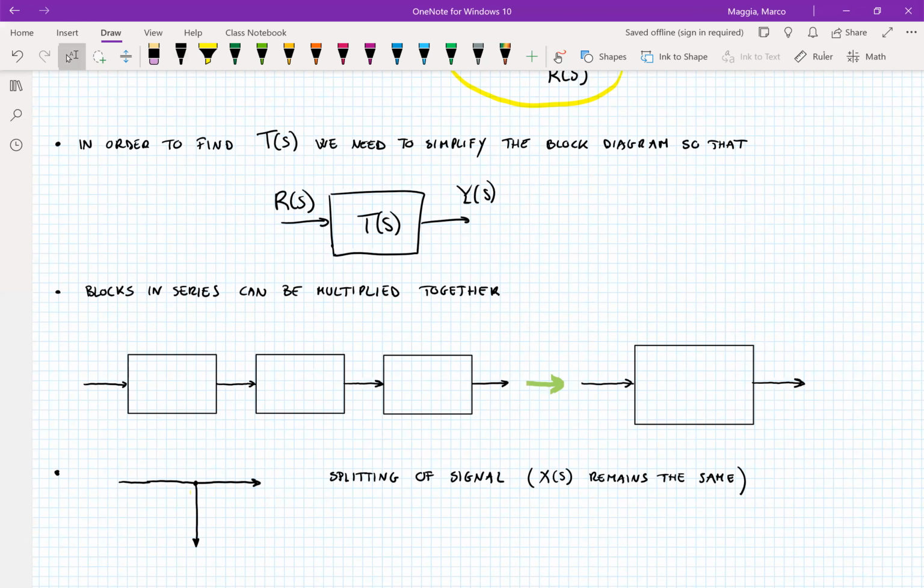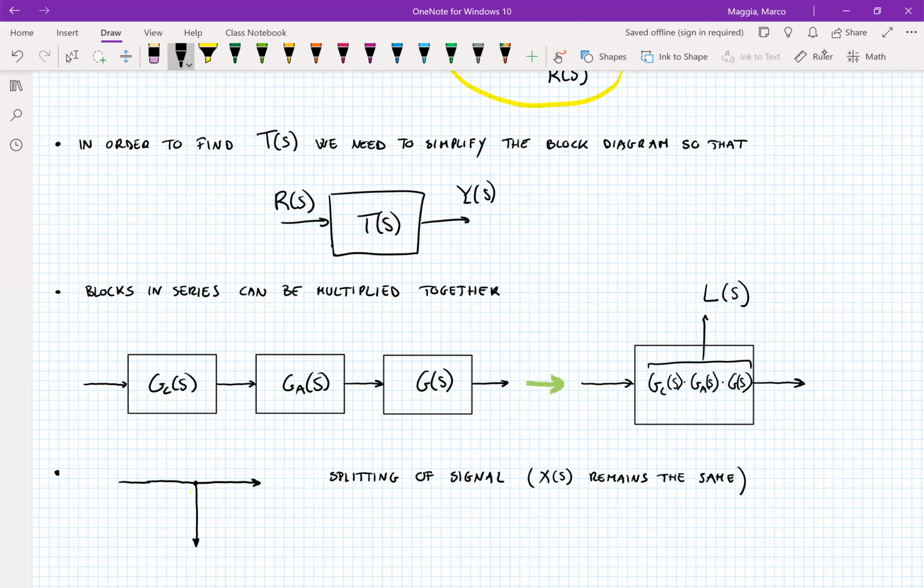When you have blocks in series, such as in the upper branch of the block diagram, we have GC of S, GA of S, and G. If you have a train of blocks, you can substitute this train with just one block whose transfer function is the product of the single transfer functions. And for this case, this product is indeed L of S.